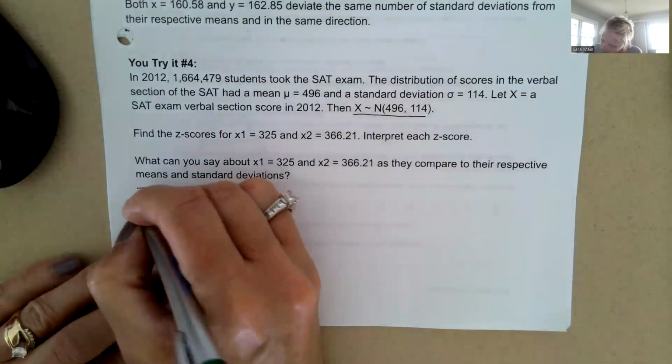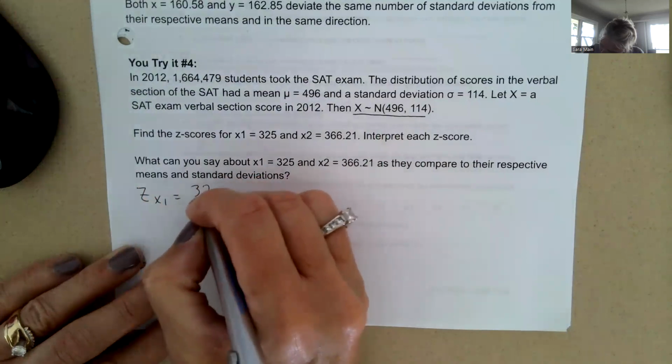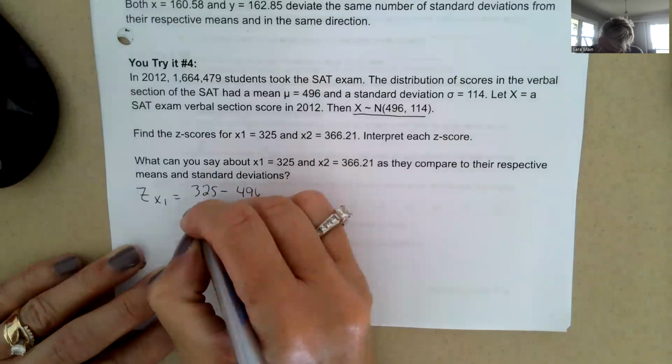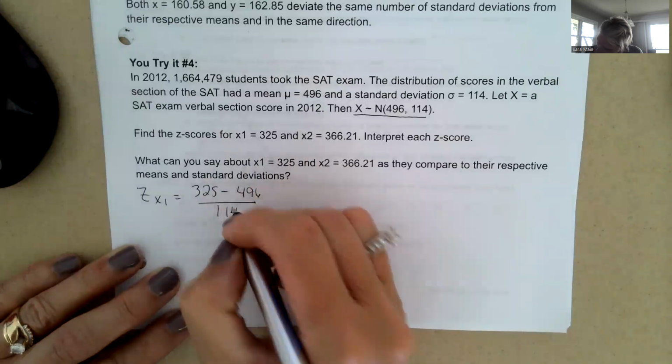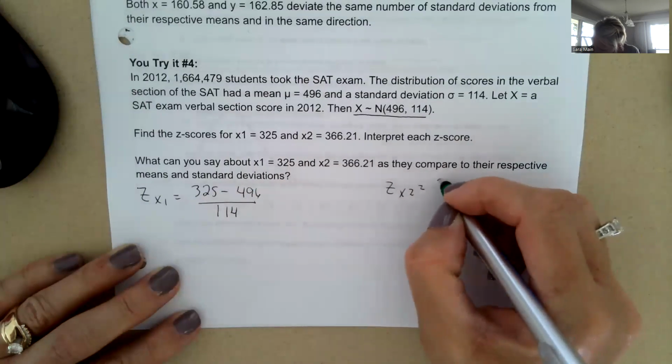So we're going to do the z of X1, which is 325 minus the mean over the standard deviation, and then the z of X2.